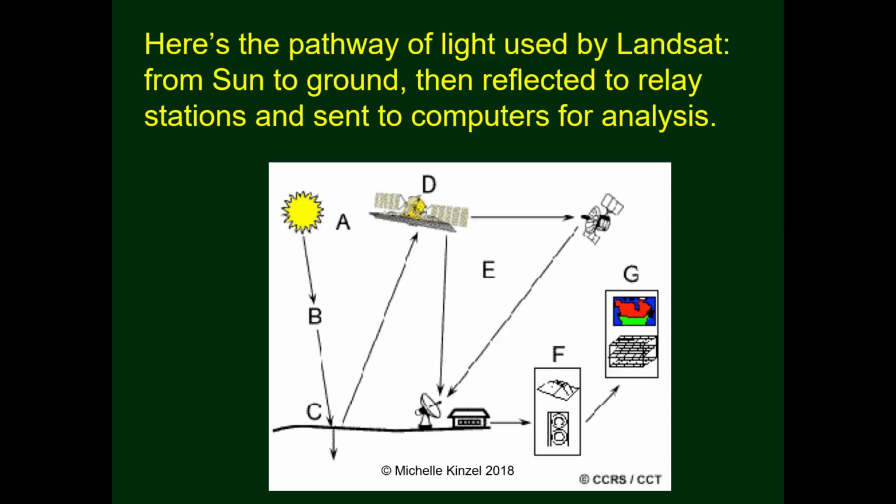So here is a generalized pathway of light used by Landsat. It travels from the sun through the atmosphere, it interacts with the Earth at C, it is reflected back to space and is collected by a satellite at D, and then it is sent to a collecting station where it is processed, which is shown in F. And then there is a final product, which is a GIS project or a GIS output, such as a map.